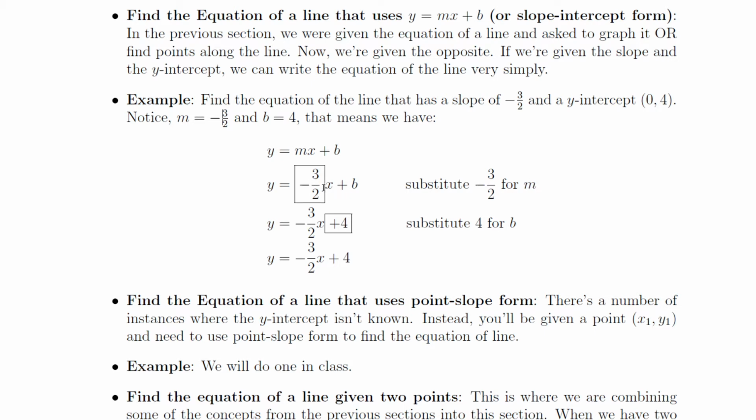Our b value is actually going to be 4. So that ultimately means that our equation is going to be y equals minus 3/2 times x plus 4. And that's our final answer right there. So again, you can see how this all plays together to give us the slope-intercept form given the slope and the y-intercept. We can substitute those values in and get exactly what we need.